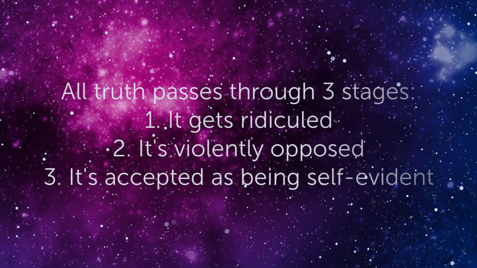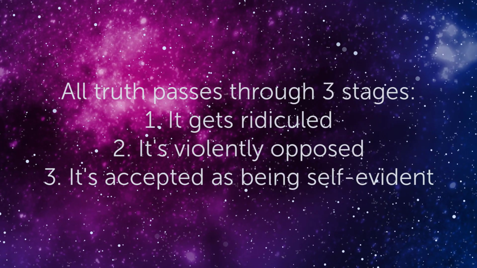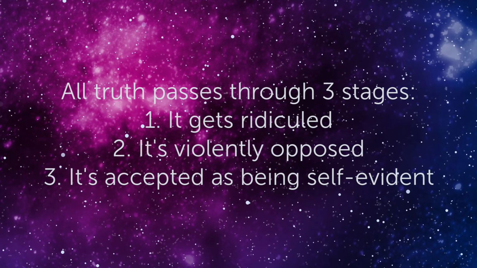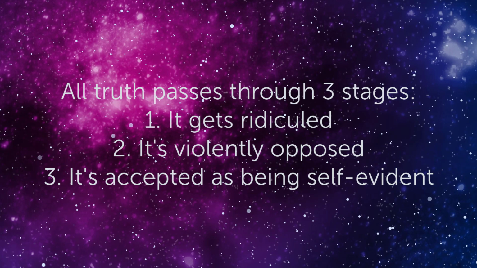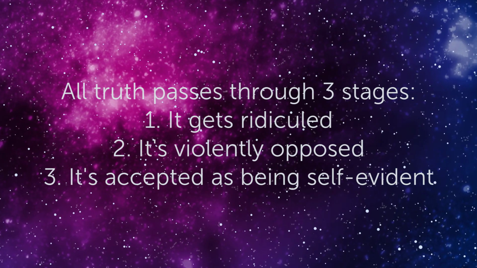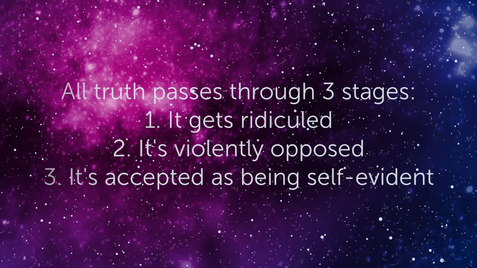Okay, I love this quote from Arthur Schopenhauer. He was this German philosopher, and it's so true for crystals right now with a lot of things, right? So he said, all truth passes through 3 stages. The first stage, it gets ridiculed. Sound familiar? Second stage, it's violently opposed. And third stage, it's accepted as being self-evident.